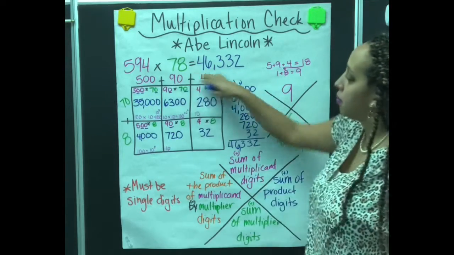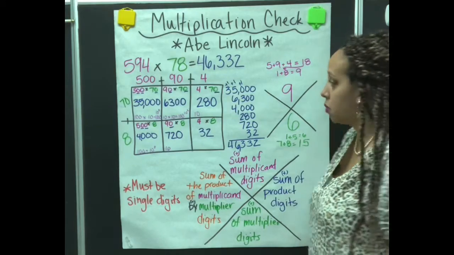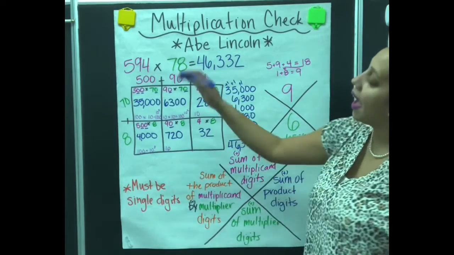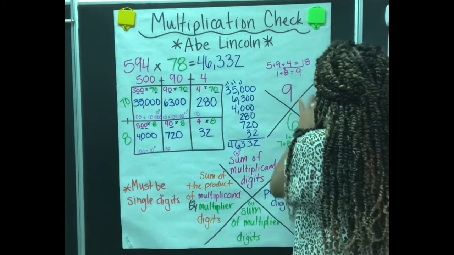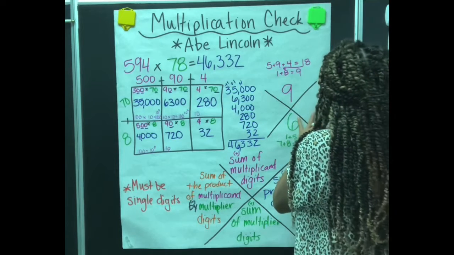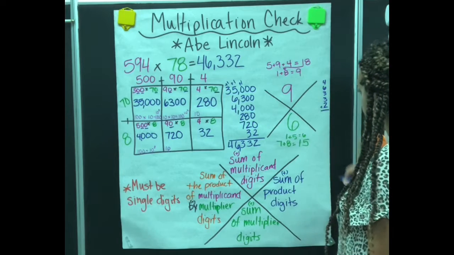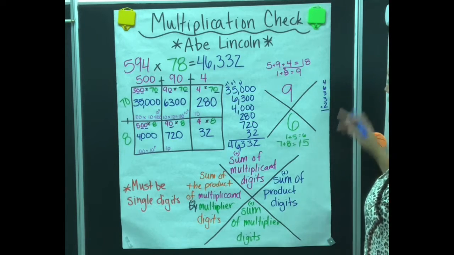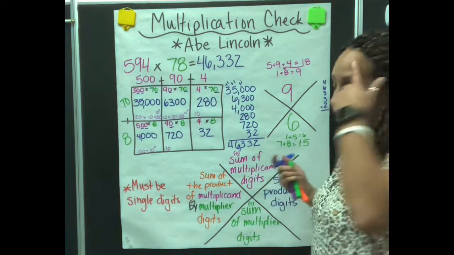Then I'm going to take my product, which is my answer to my multiplication problem, and I'm going to add those digits up. So I'm going to go 4, 6, 3, 3, 2. And I'm going to add them all up. So I'm going to go 4 plus 6 is 10, and I'm going to hold on to it.